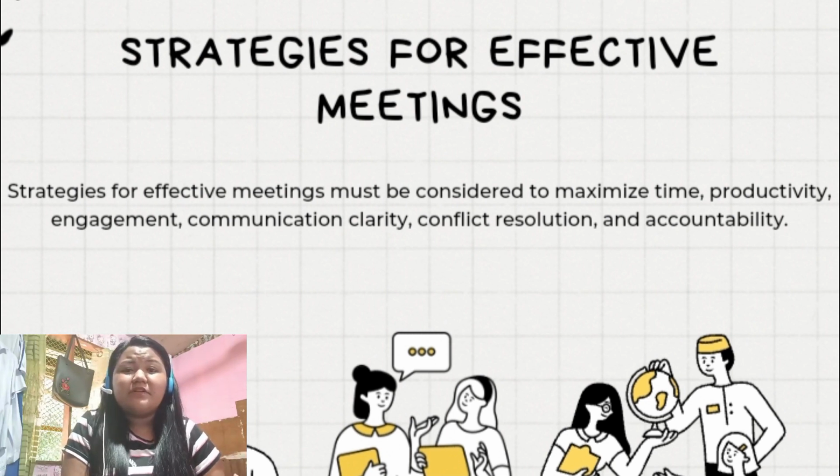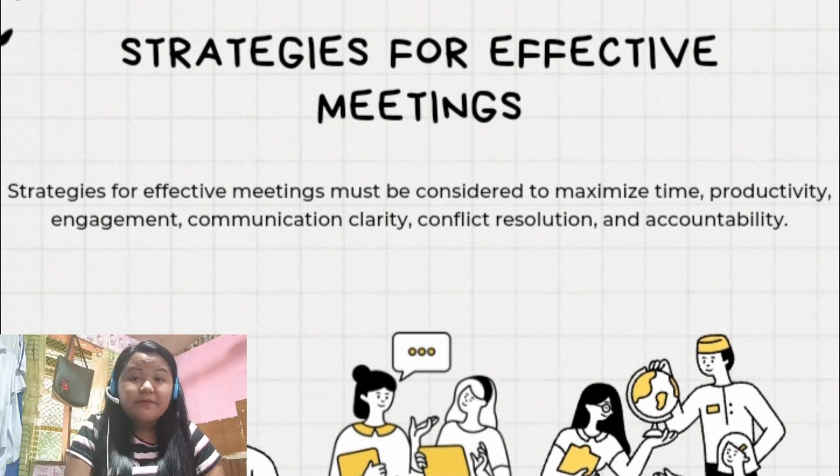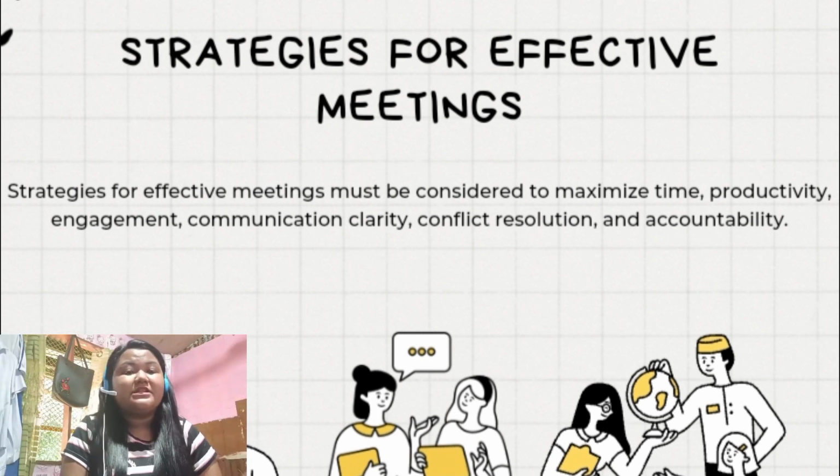Engagement can be as simple as encouraging everyone to share their thoughts, opinions, and perspective on a project or in a particular meeting agenda. This active participation will foster a sense of ownership, leading to more productive discussion.